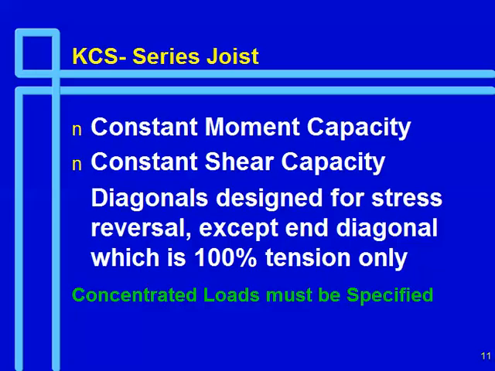All of the diagonals are designed for stress reversal, except the end diagonal, which is 100% tension only. Okay. Except if you would specify uplift, then it would be designed for whatever uplift you have. So again, even with these, if the loads don't land at a panel point, you need that reinforcing. But it's a nice joist.